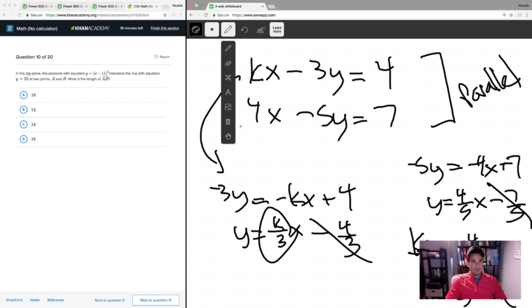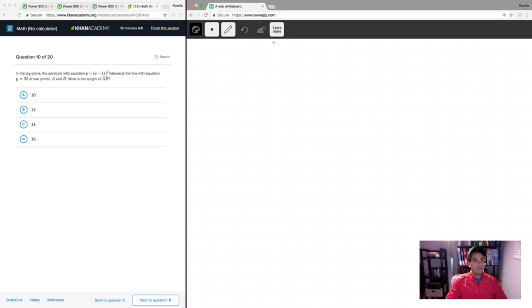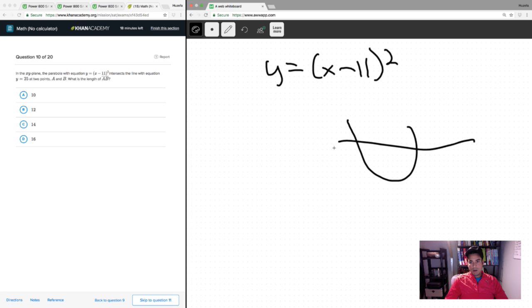Number 10. In the xy plane, we've got this parabola y equals (x minus 11) squared, and it's intersecting some line y equals 25. Okay, and we want to know what's at A and B, and what's this length here, AB. Well, what we have to do is find the x values here, and subtract them, and that will give us the length. So what is the x value?